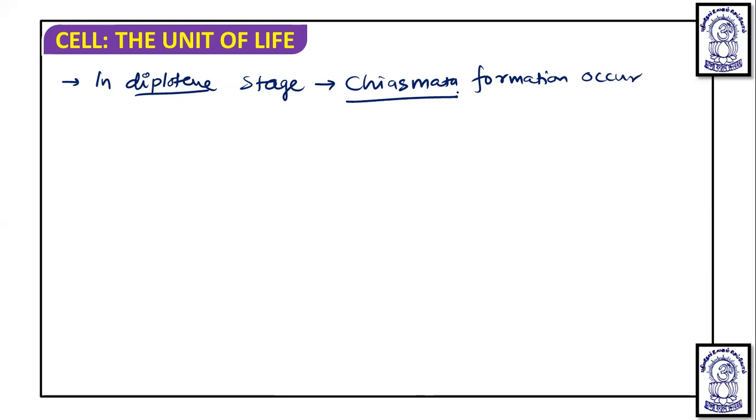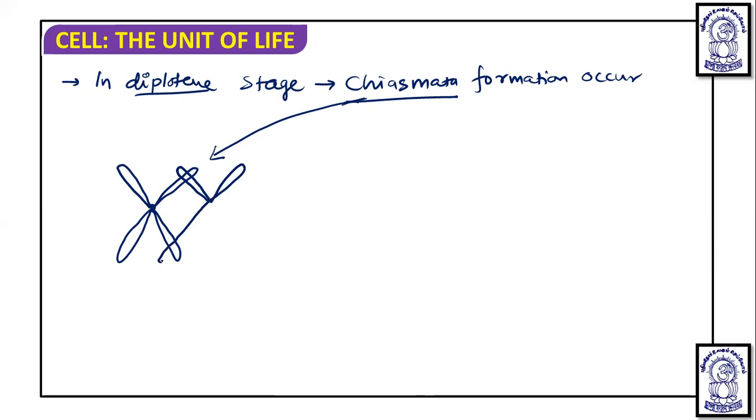If we talk about chiasmata, when the homologous chromosomes are in a pair, and after pairing they start separating, they form an X-shaped structure.